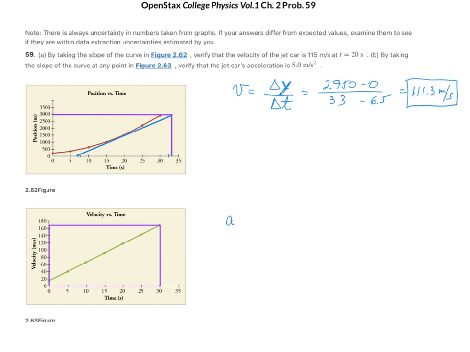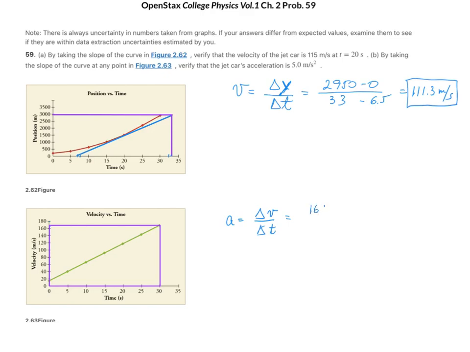It looks to me like the acceleration, which is delta v over delta t, since it's a slope, is y divided by x. My y value over here, this is 160, that's 180. Halfway between these two would be 170, but it's a little bit less than that. So how about we call that 168.